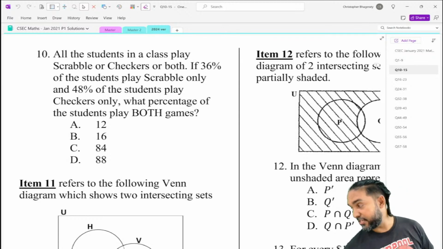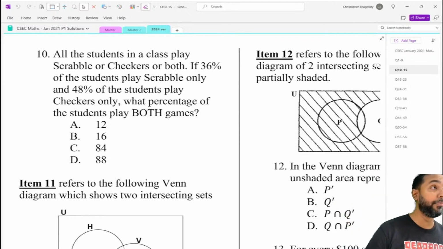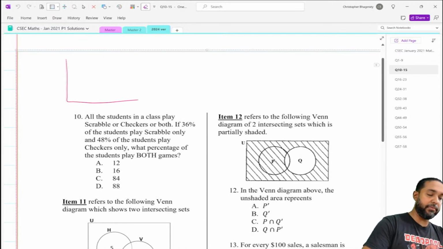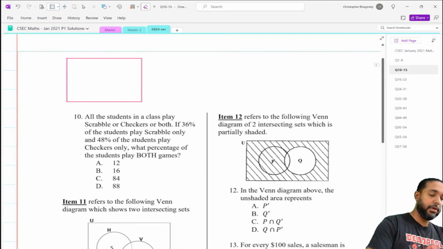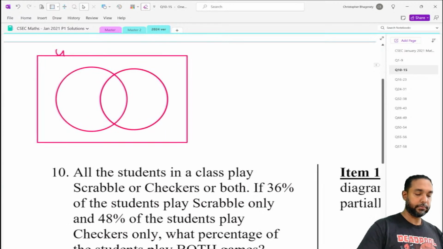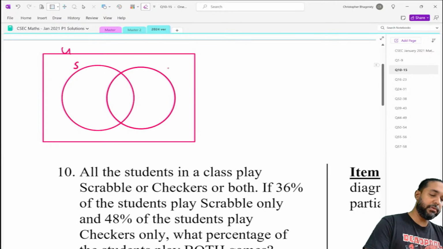Right, so all students play Scrabble or checkers or both. If we do a quick Venn diagram on top here, that's Scrabble, that's checkers.